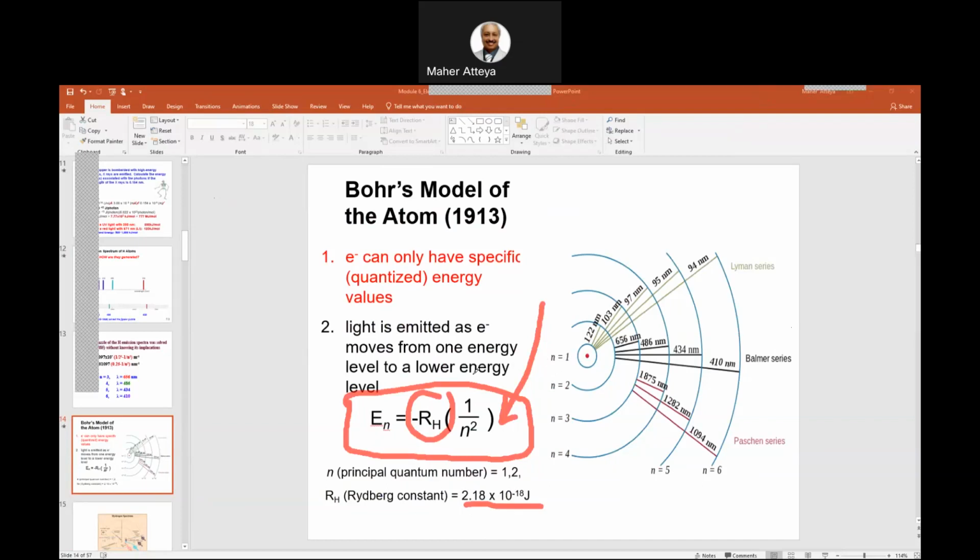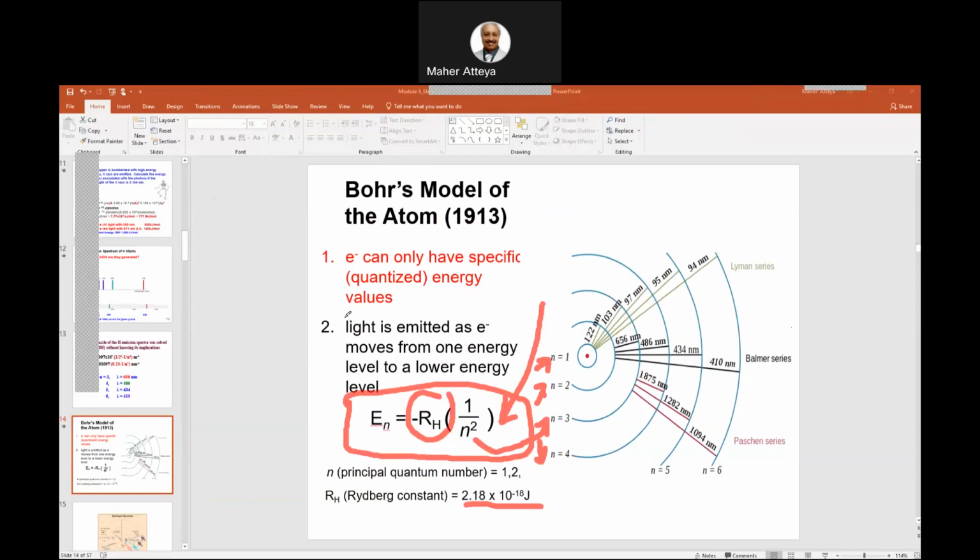Each level possesses a definite amount of energy. N is those numbers here, the principal quantum number, or just the orbital energies, correct?